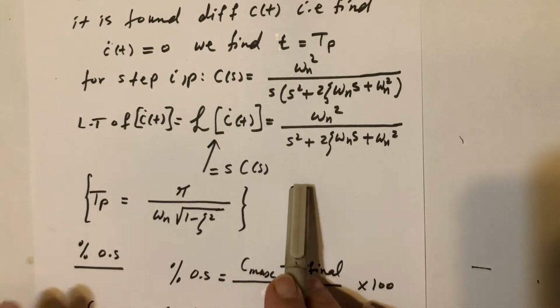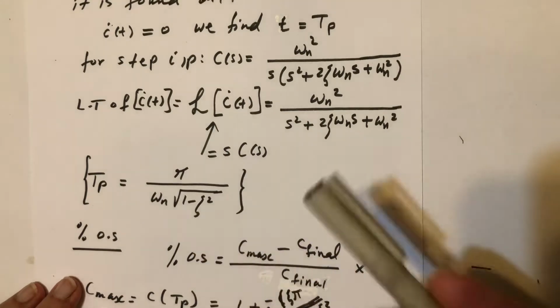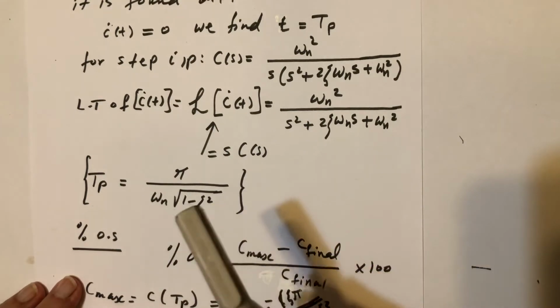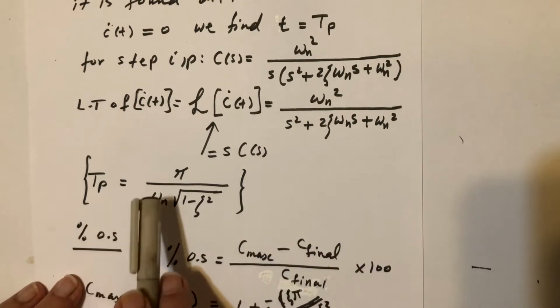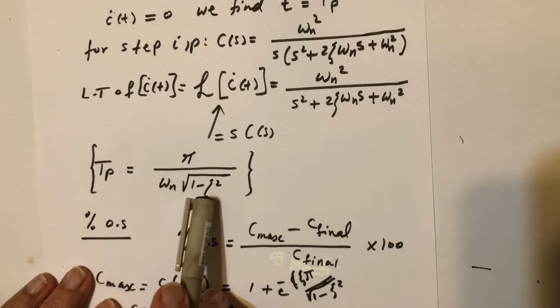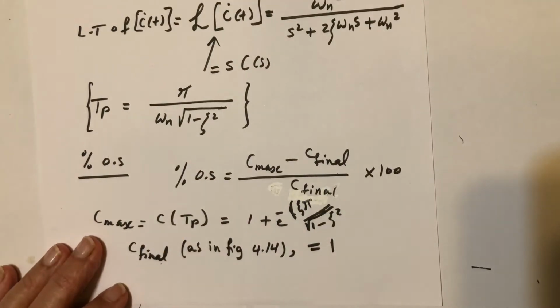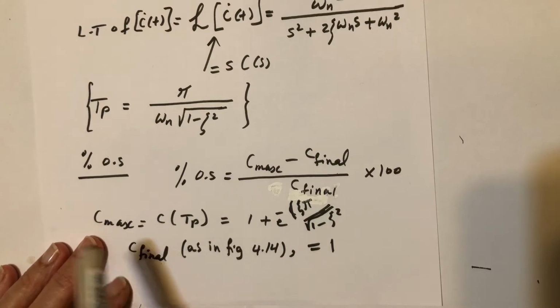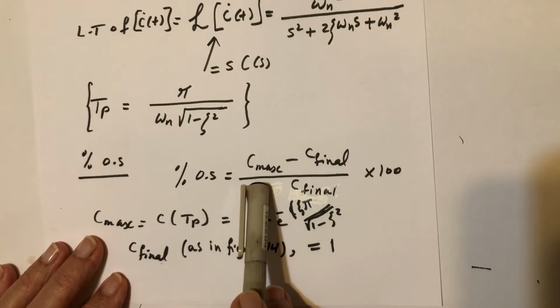So we end up equating this to 0 and get the time. The time may be n times pi, so we take the first, when n equals 1. So TP will be pi over omega n times the square root of 1 minus zeta squared. This is TP.